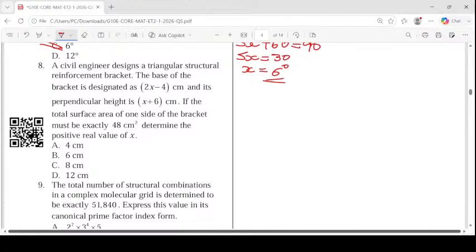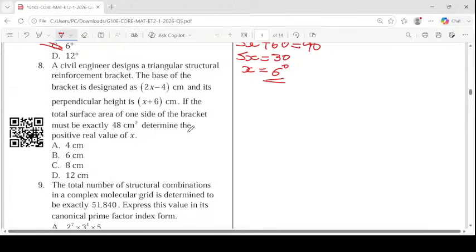If the total surface area of one of the sides of the bracket must be exactly 48 square centimeters, determine the positive real value of x. We are asked to determine the positive real value of x.